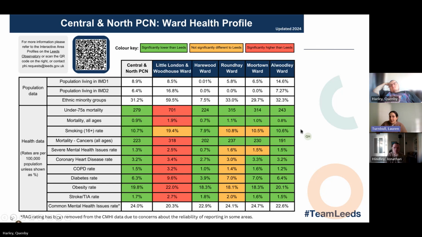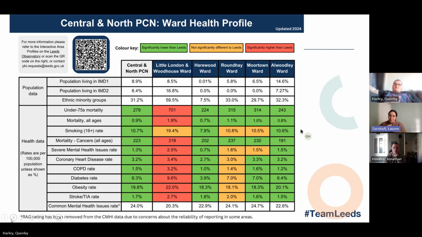We'll look at one more example. This is for Central and North PCN. It's a really good example to show how stark it is in some of the PCNs. Looking at the whole of Central and North PCN, we've got a full house of greens, so everything's looking great. We've got lower rates of all health conditions.